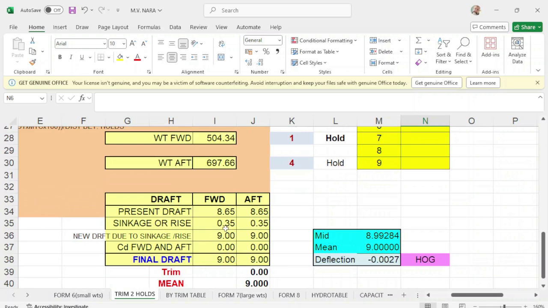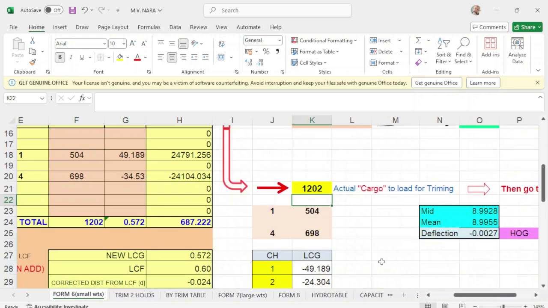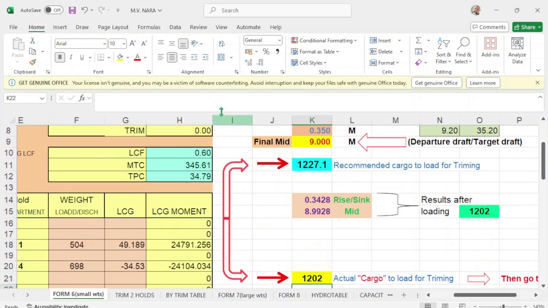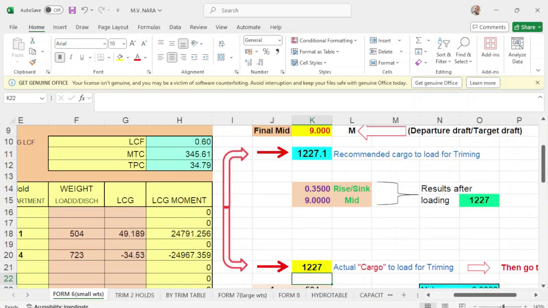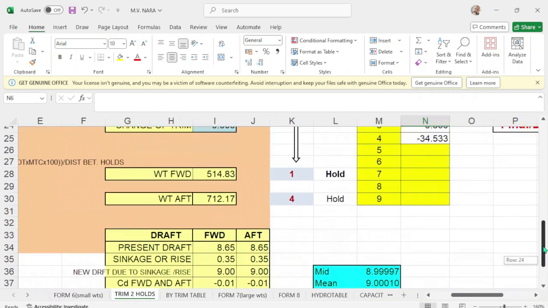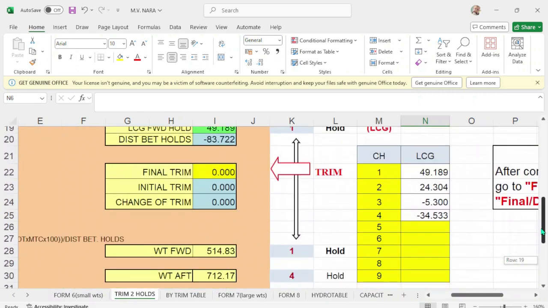So the same drop, but I have more cargoes here, 25 metric tons more. Put this to 1227, then put here number 1 will be 515.